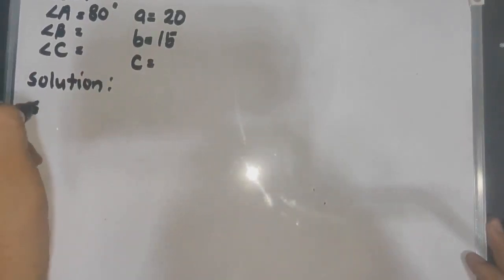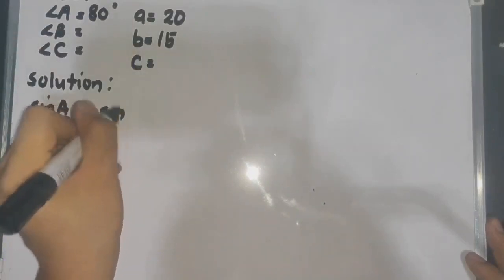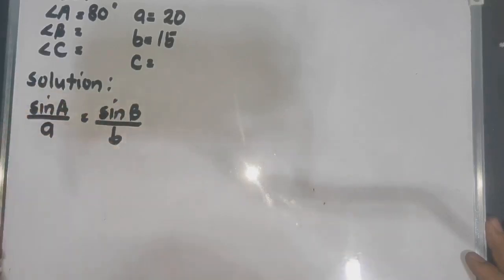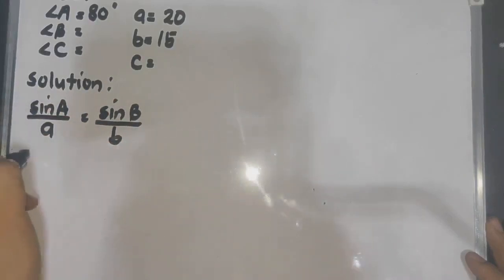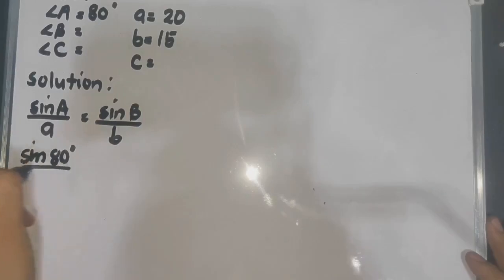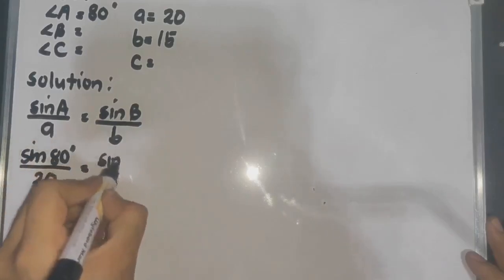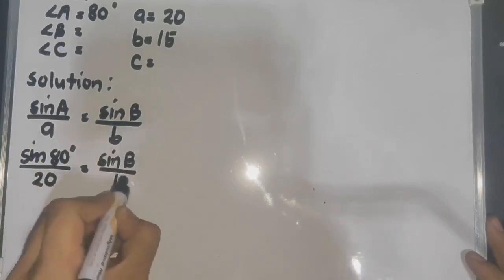So, ang gagamitin natin is sine of A over A, kasi yun yung kompleto, equals sine of B over B. Kasi yun yung may isa lang ang value. So, next, substitute natin. Sine of A is 80 degrees over the value of A is 20 equals sine of B or angle B over 15.